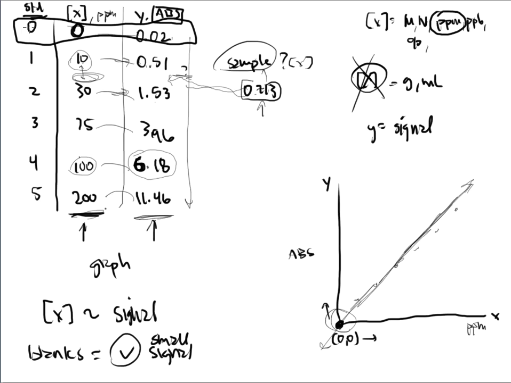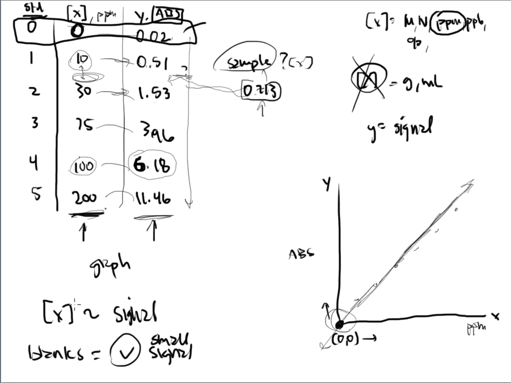If we ran a blank and this blank ran an absorbance of way high in the very beginning, then that's probably not the proper solvent to use to make those samples with. Maybe we need to choose something different. So in this case, if I used methanol, maybe we need to not use methanol, and maybe we need to pick another solvent that everything is soluble in that doesn't give me a very high absorbance read on the instrument itself.